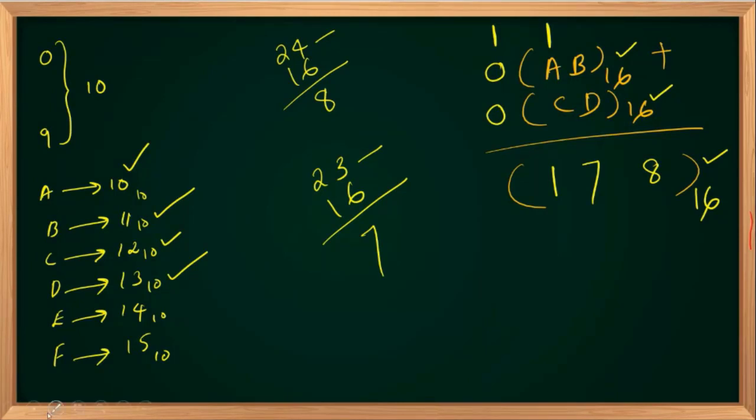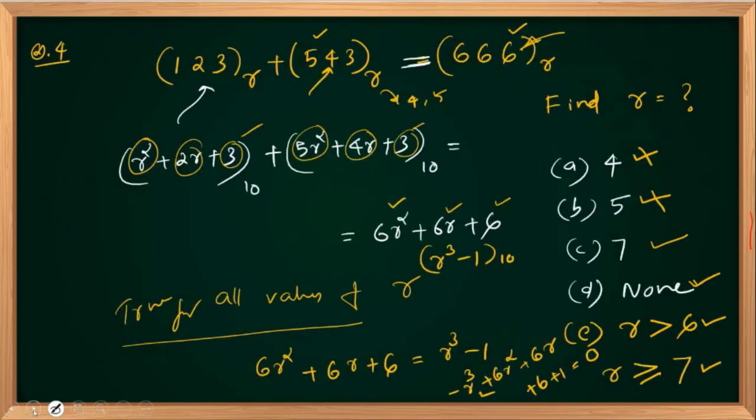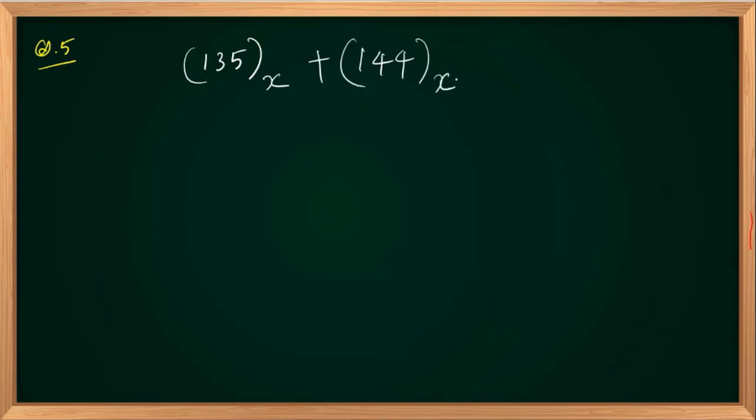Okay, so we will have a short break after discussing one more problem. This is question number 5. After this, we'll take a break. Given that 135 base x plus 144 base x equal to 323 base x, right?